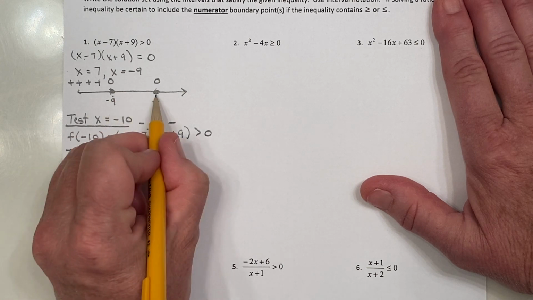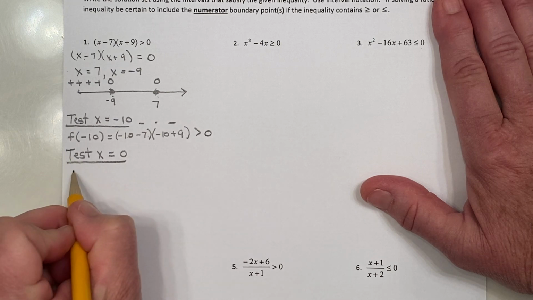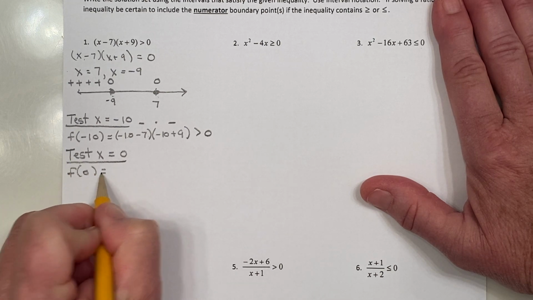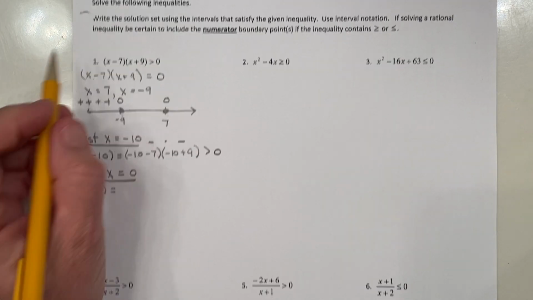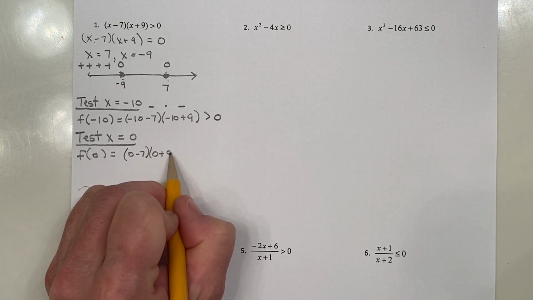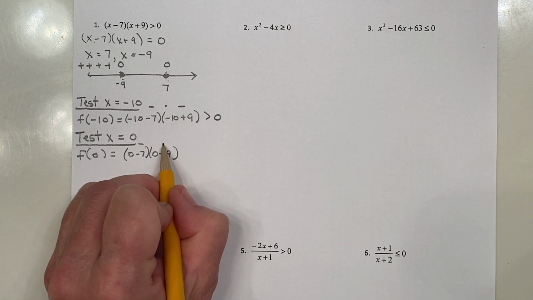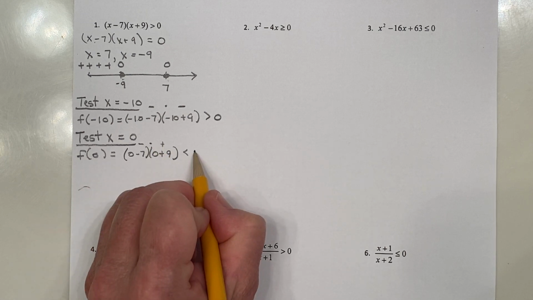Let's test x equals 0 because that'll fall between these two numbers. So f of 0. So back up here, we're going to have 0 minus 7 and 0 plus 9. So we know this is negative, this is positive, we're multiplying, so we're going to get a negative solution.